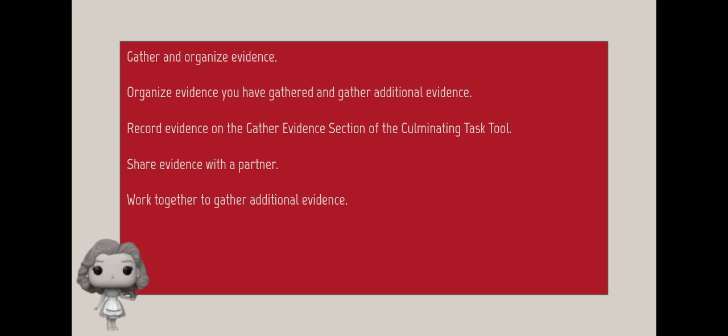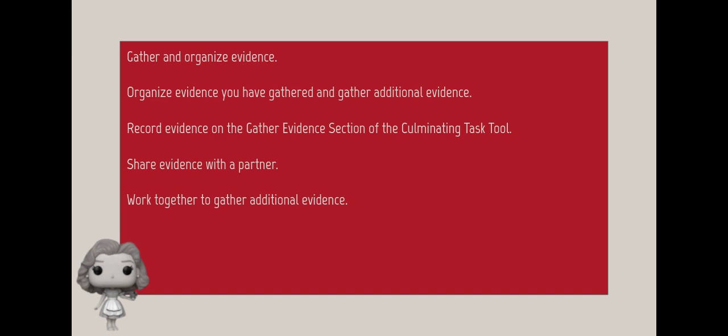So now you're going to gather and organize evidence in preparation for composing your work. You will organize evidence from the sources that you have located, as well as gathering additional evidence to support your claim from the previous lesson. You will record your evidence on the Gather Evidence section of the Culminating Task tool. Then you will share your evidence with a partner, and you will work together to locate additional evidence.